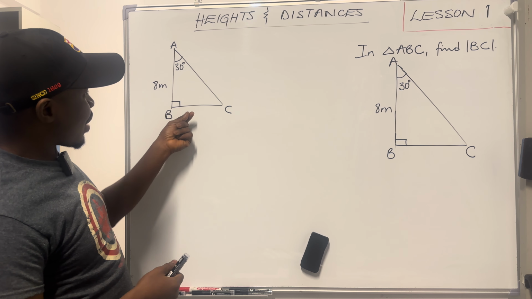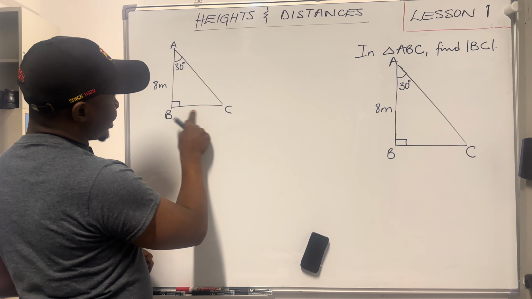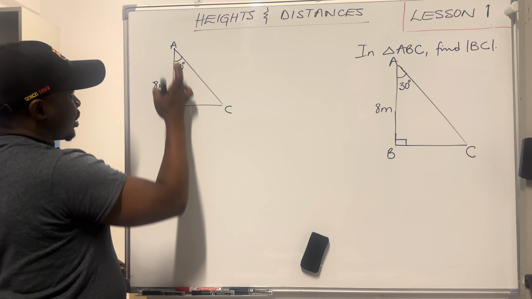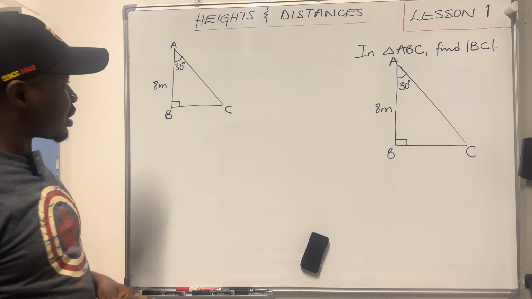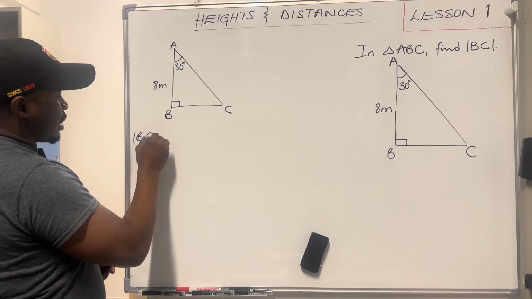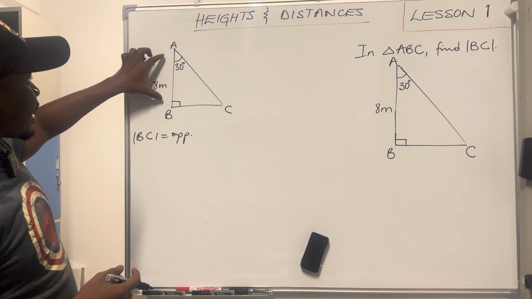We need to identify, in a right angle triangle, the side that is facing the given angle. It is called the opposite. So BC is our opposite. How about the side that is given?